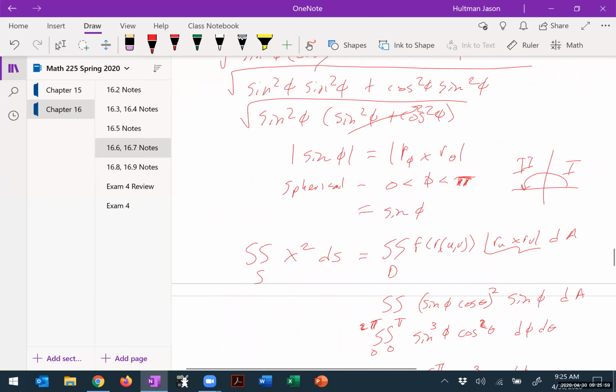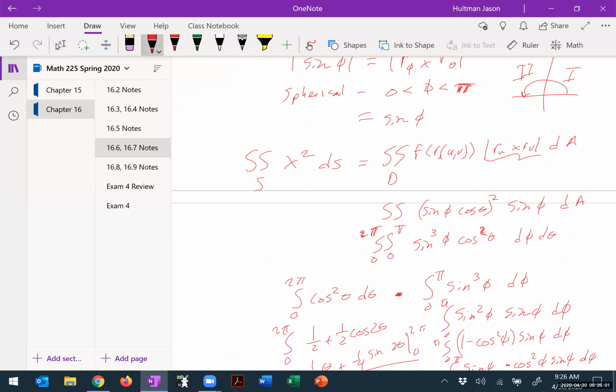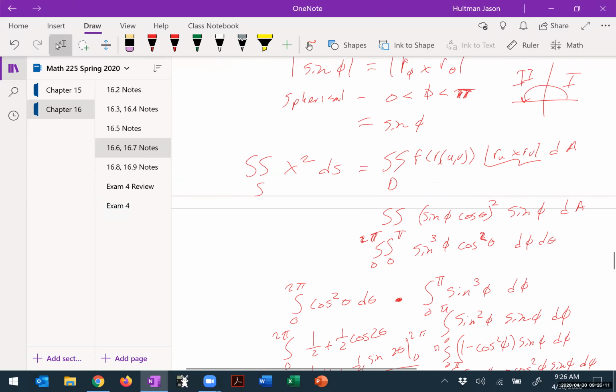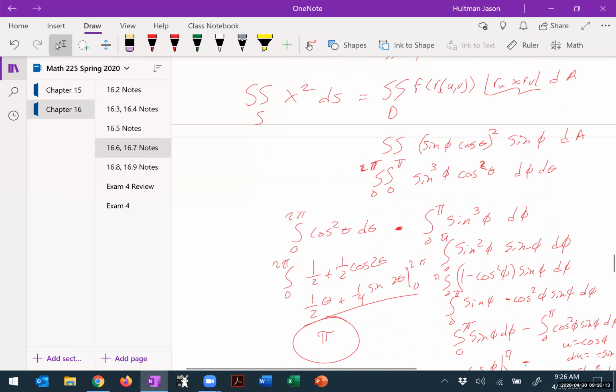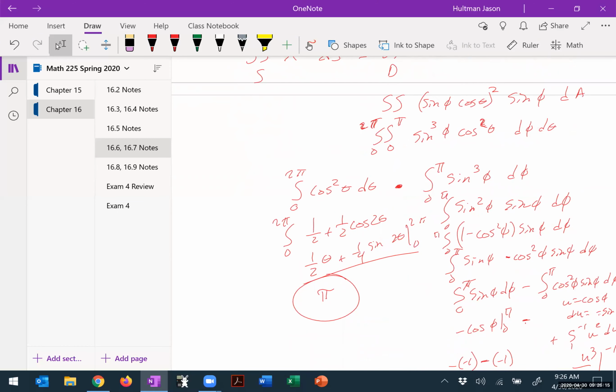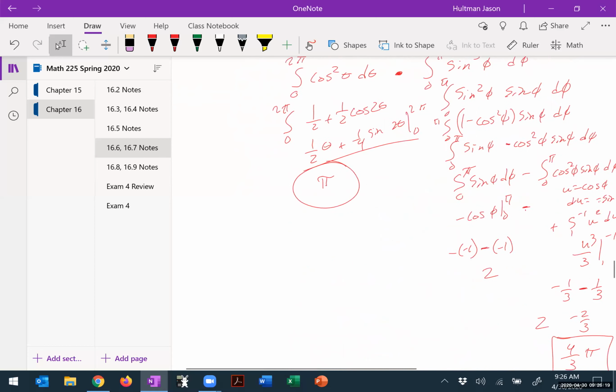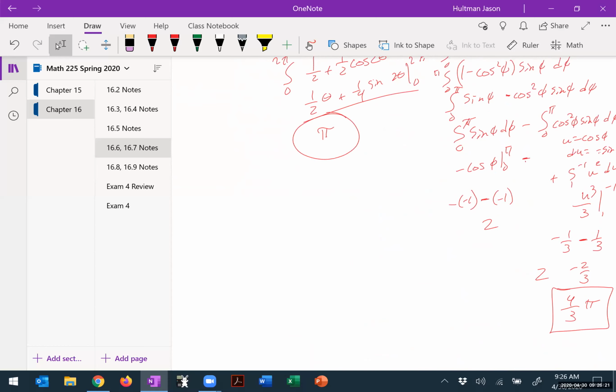And so we plugged it all back in, sine of phi times sine phi cosine theta squared, and we did all the integration, and we came out with 4 pi over 3.